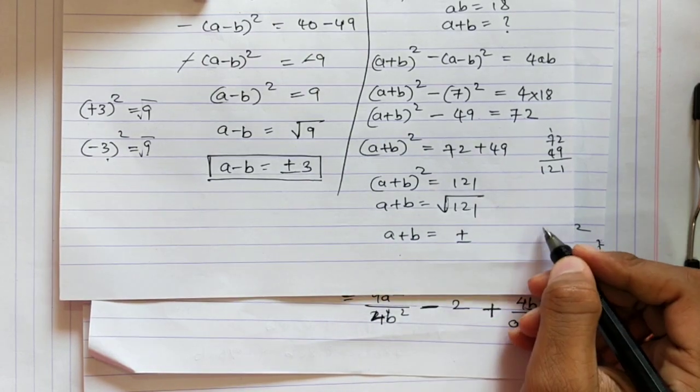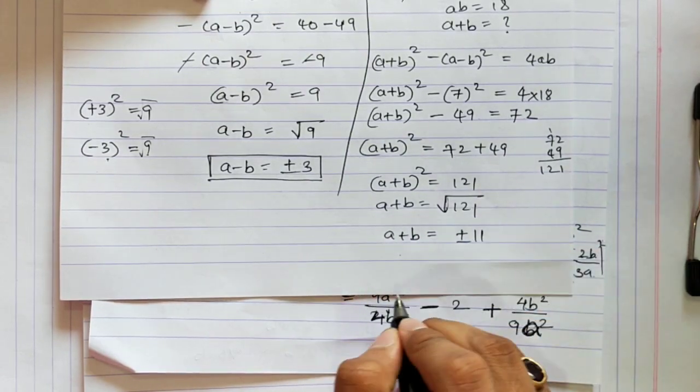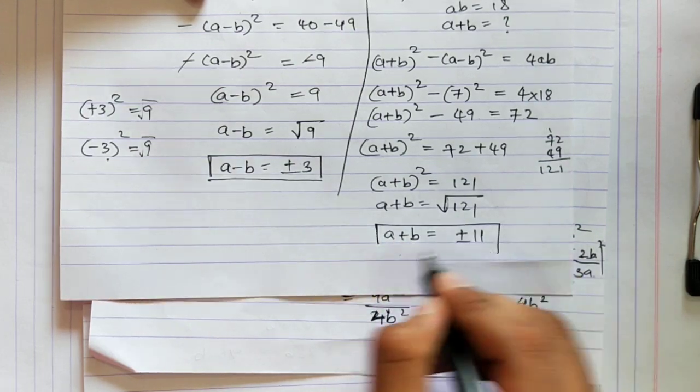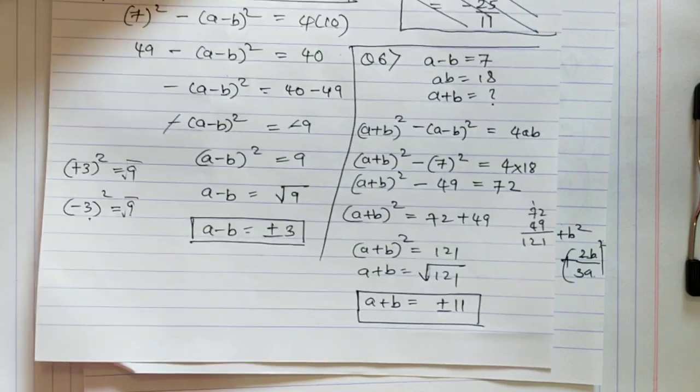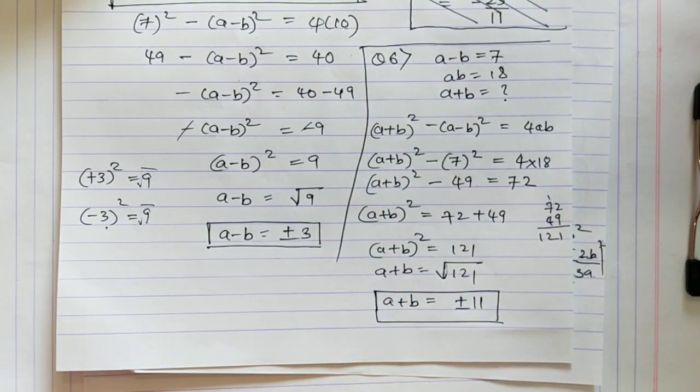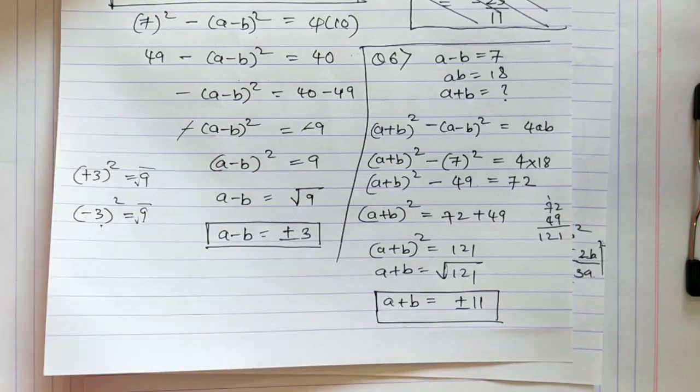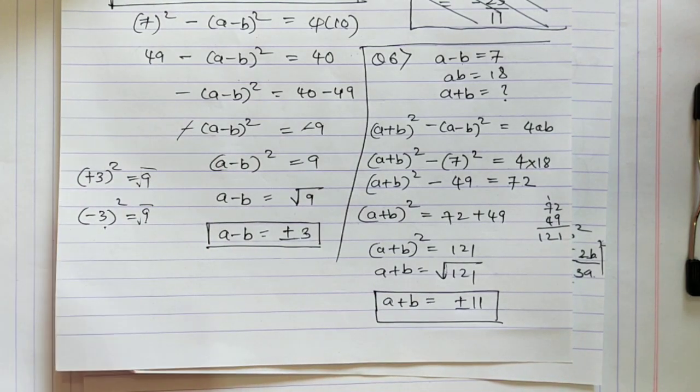So 121 is the square of 11, so we'll have the answer as plus minus 11. Okay. Pause the video and copy the sum.